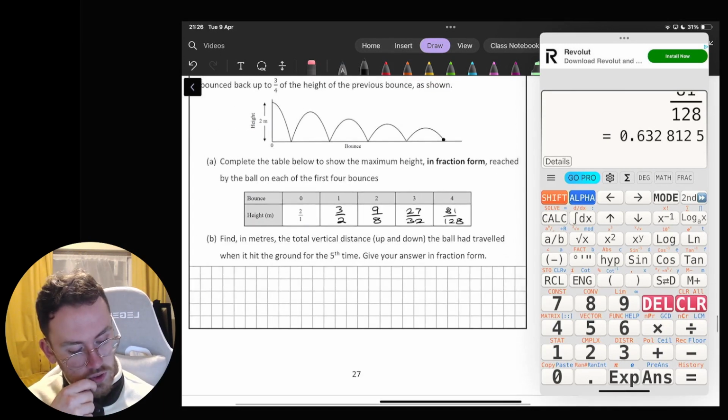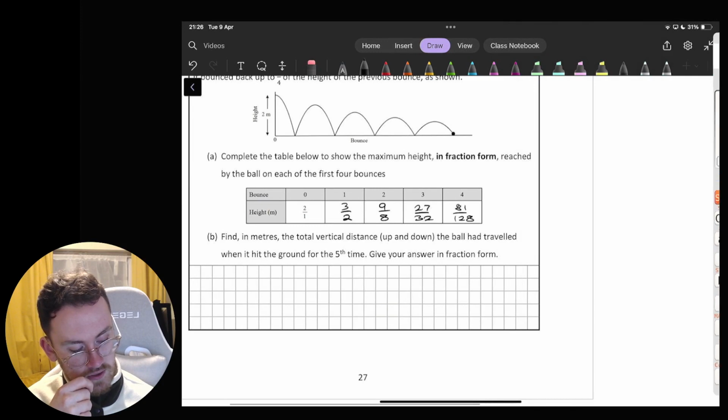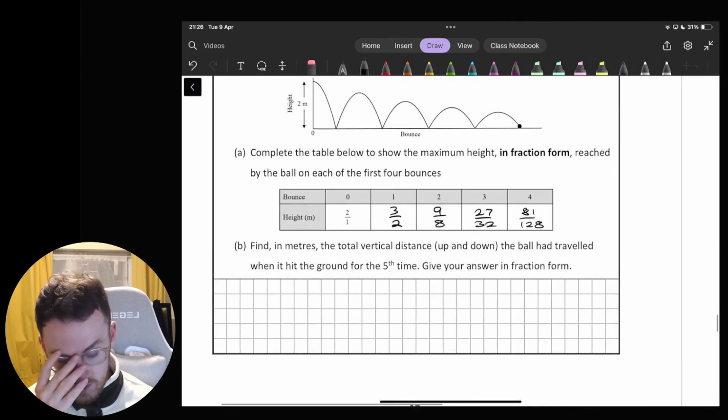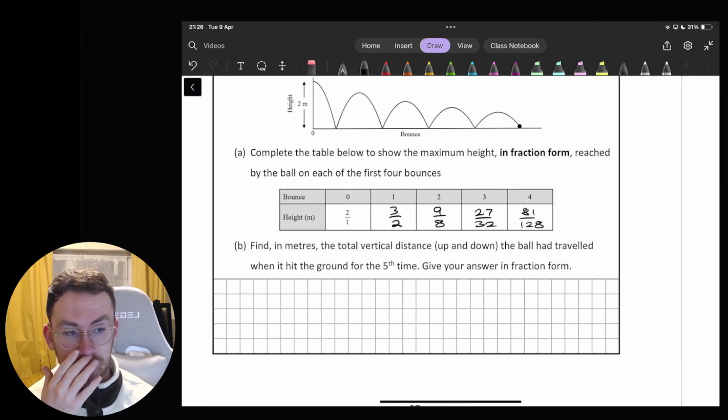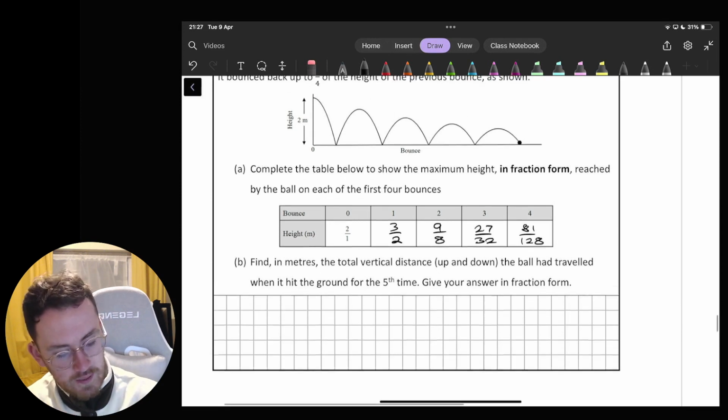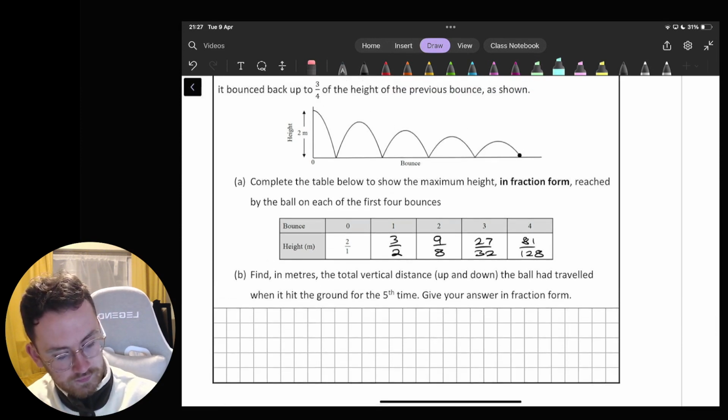Find in meters the total vertical distance up and down that the ball had travelled when it hit the ground for the 5th time. So if we think about what happened here, the ball starts up here, travels down a distance of 2. It then travels up a distance of 3/2 and back down that distance of 3/2.